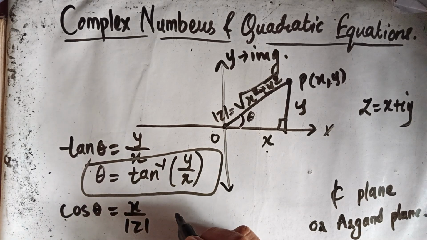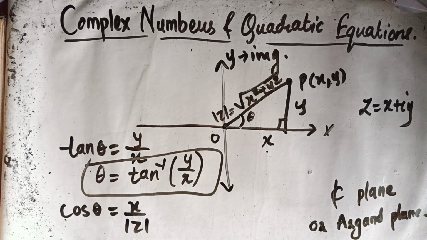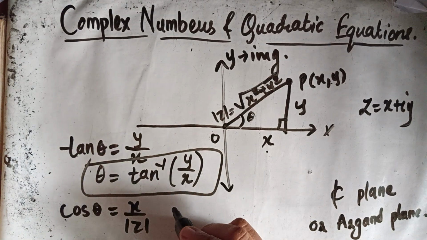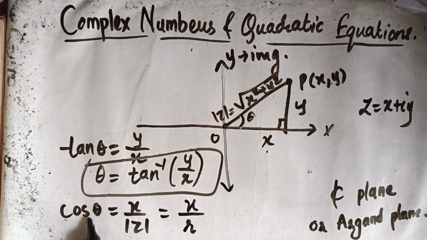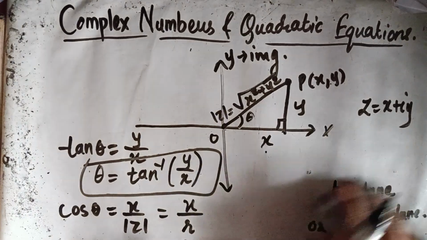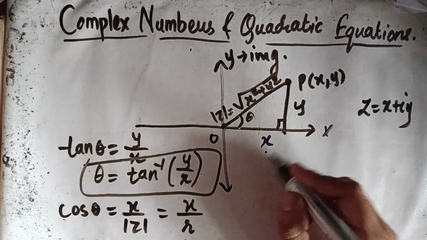Cos theta is adjacent upon hypotenuse, it is mod z, modulus. Okay, and here we write that mod z as r. So taking r here, x is r cos theta. Okay. What about sine?